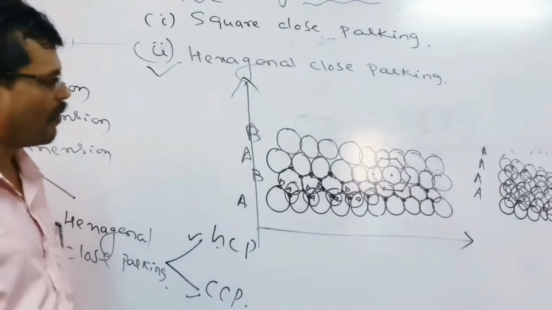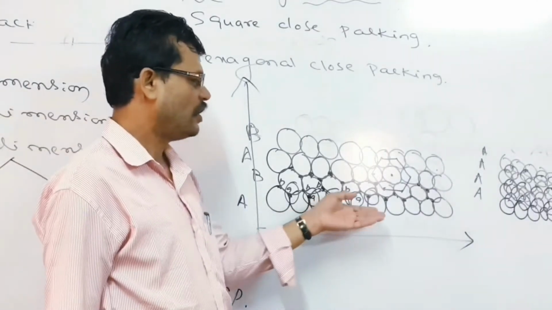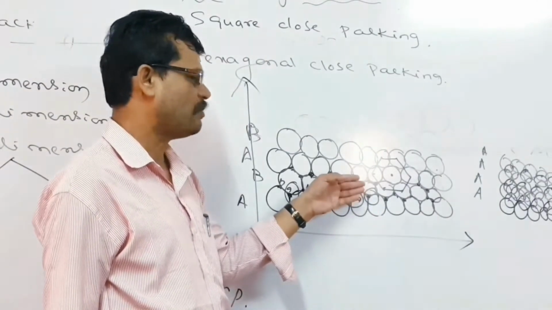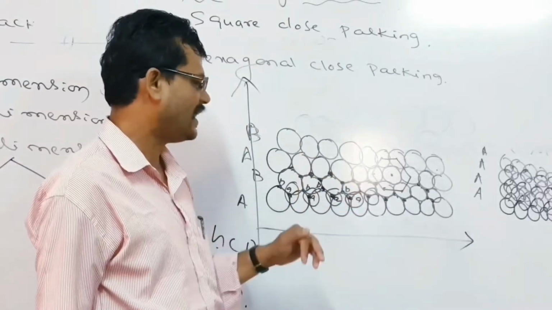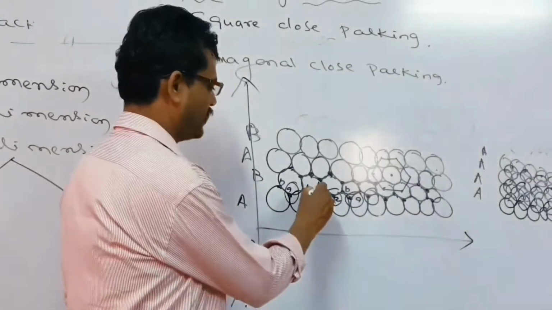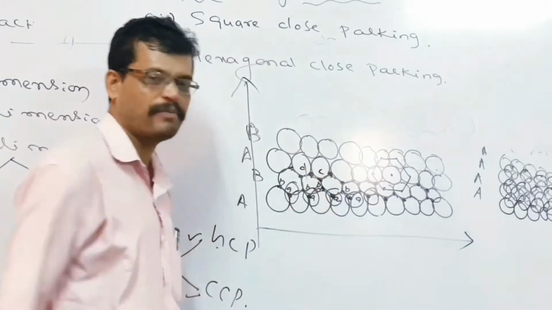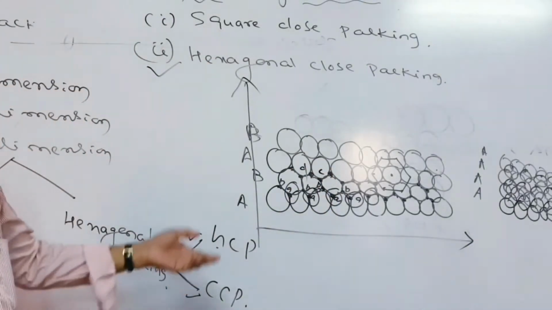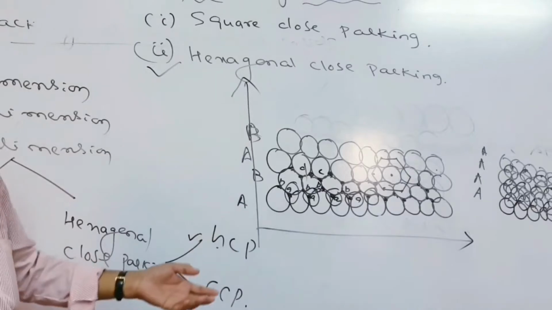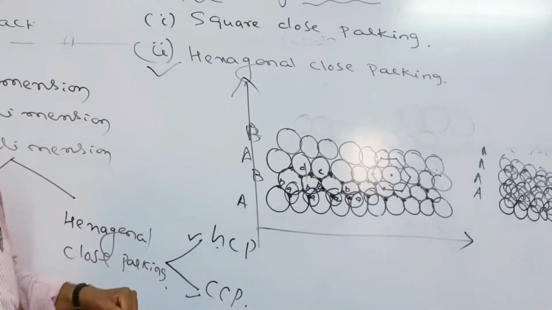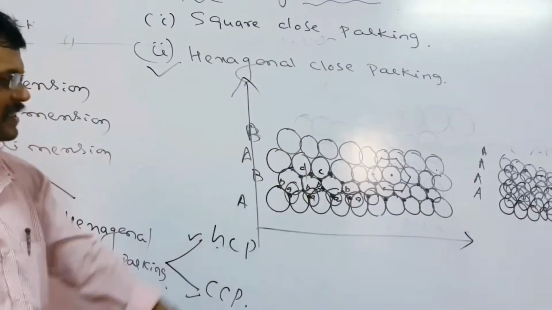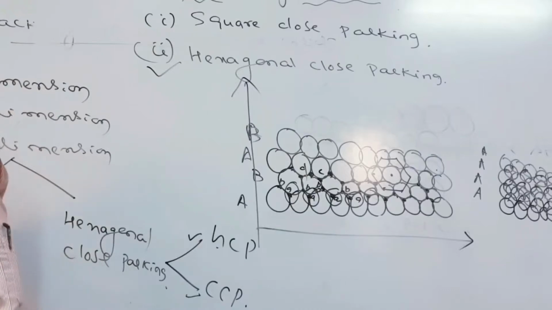Once we go to the third layer above it, we again get two types of voids, C and D. If the fourth layer occupies the spheres once again, then another type of arrangement will come, and the arrangement is found to be different.